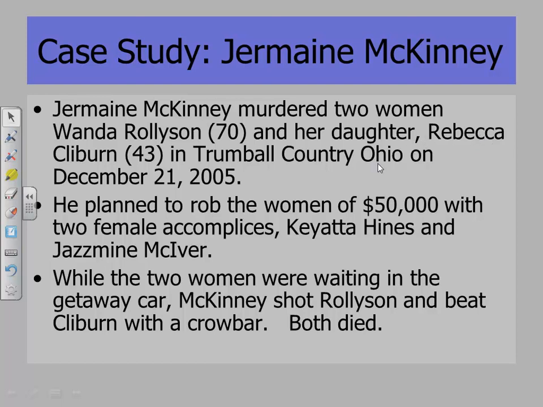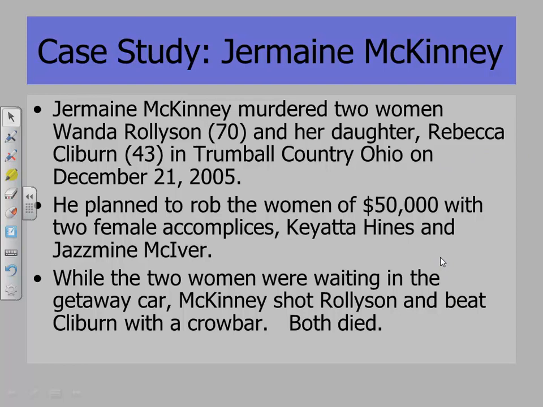He planned to rob about $50,000 from her, that he thought was in the house. And he had a couple of accomplices who were waiting in the car. And he shot the older woman with a gun and beat the younger woman with a crowbar, and both died.